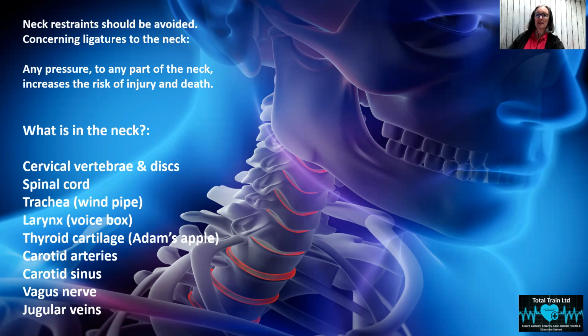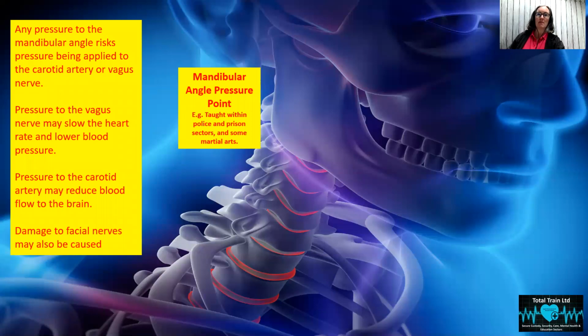And when we think about what's in the neck, we've got the cervical vertebrae and discs, we've got the spinal cord, the windpipe, the voice box, the Adam's apple, the carotid arteries, the carotid sinus, the vagus nerve, and the jugular veins. Now, any pressure to the mandibular angle risks pressure being applied to the carotid artery or the vagus nerve.